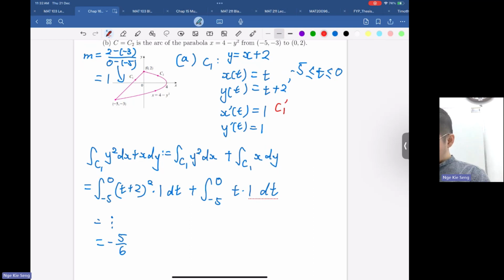So C1 prime, okay? You can try x(t) equals -5 plus 5t, and then y(t) equals -3 plus 5t. Okay, wait, let me see. Am I correct? So if I put 0 here, yeah, and then if I put 1 in, yeah, correct.